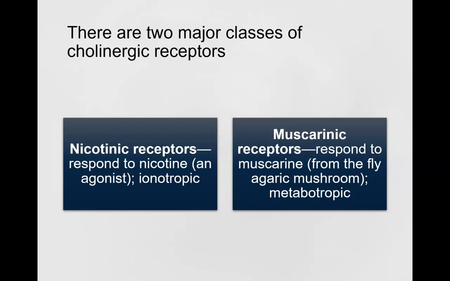Nicotinic receptors ultimately respond to nicotine, which is an agonist of the nicotinic receptors. It facilitates the effects of acetylcholine. And then we have muscarine. Muscarine is present in the fly agaric mushroom, and that is also going to be an agonist of the muscarinic receptors.